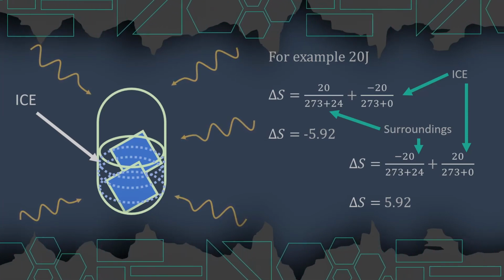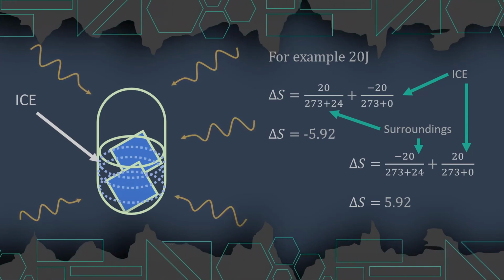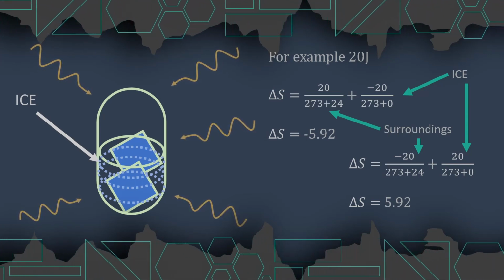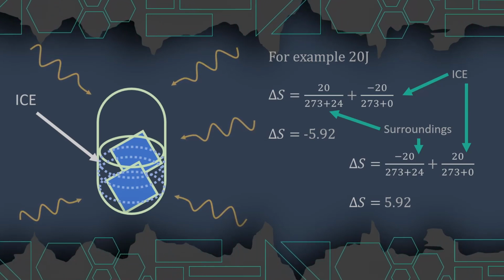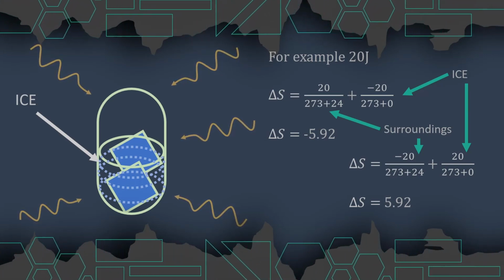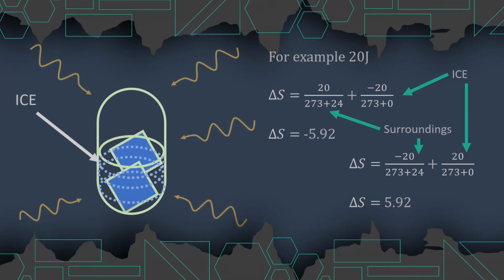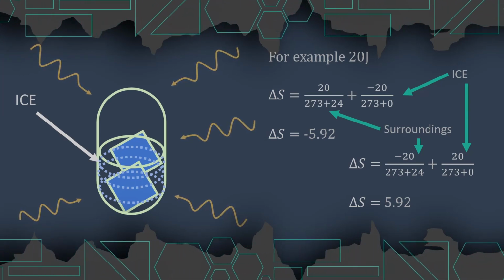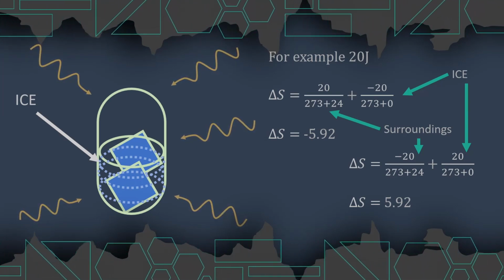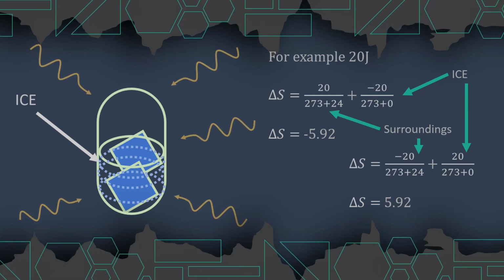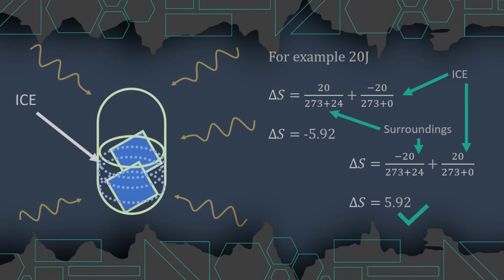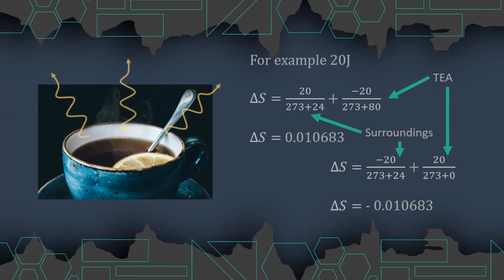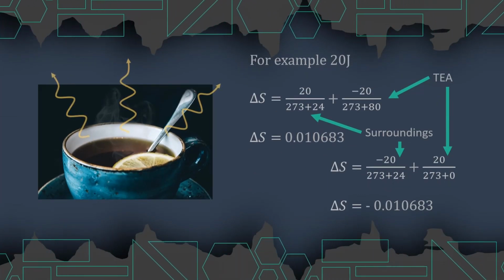The change in entropy comes out negative, which is impossible, as we know the entropy always increases. Now, consider 20 joules of heat energy is absorbed by the ice, and the resulting entropy is positive. Therefore, mathematically, ice is consuming heat, and it is true. Going to the next example, consider energy flowing outside, resulting in an increase in entropy, which is also true.